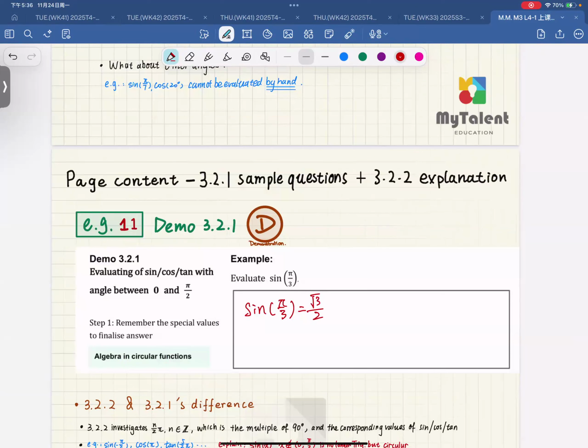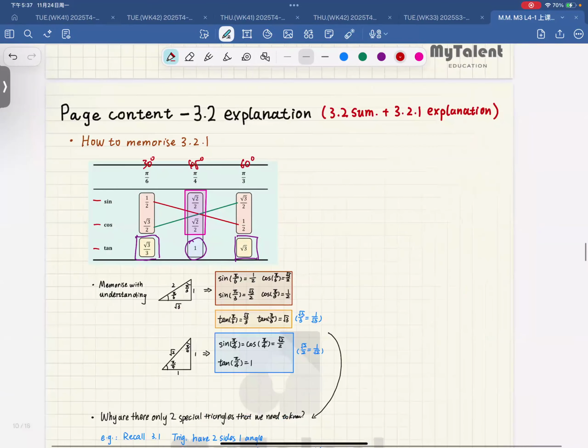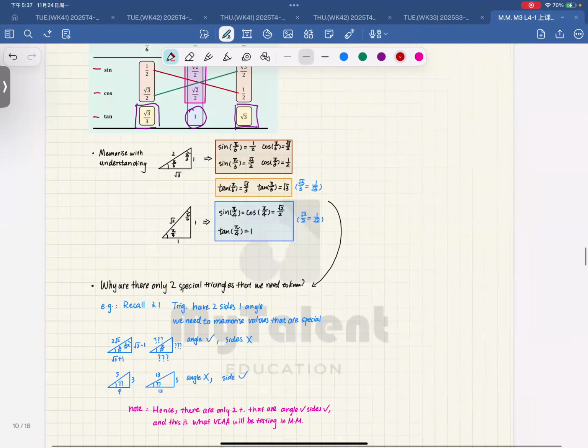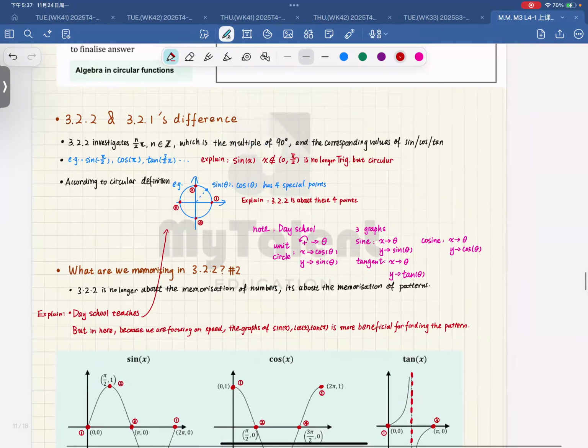So this type of question, next class, I'm going to ask you guys to write down all these numbers. Memorize them. All right. Next one.